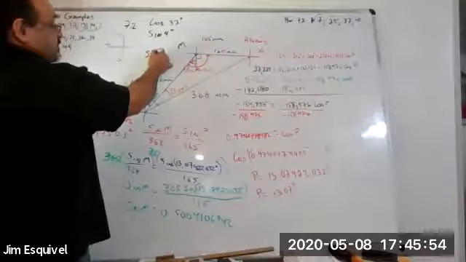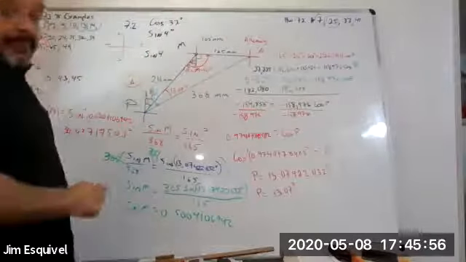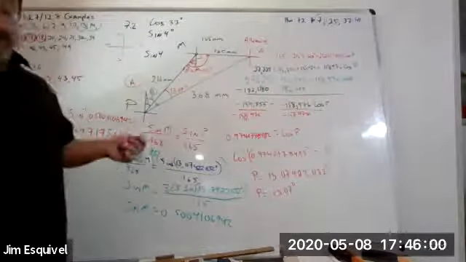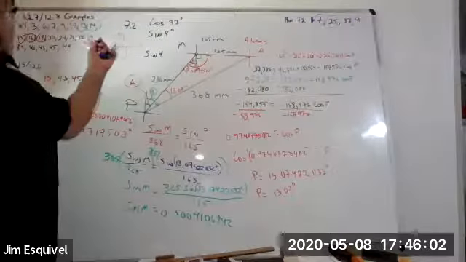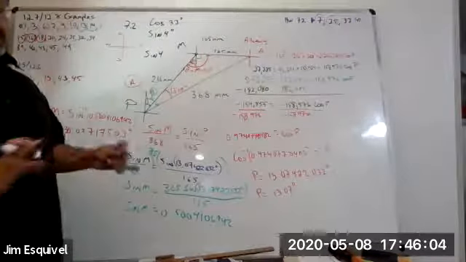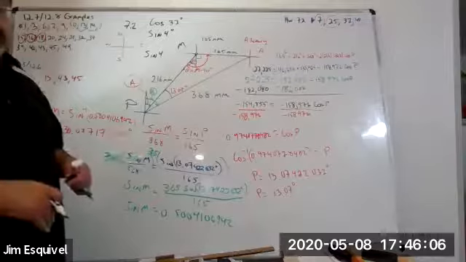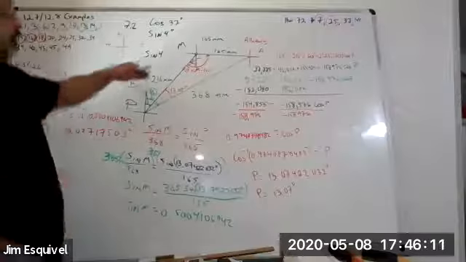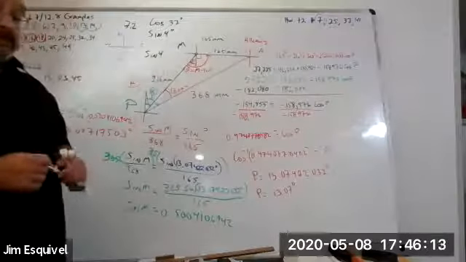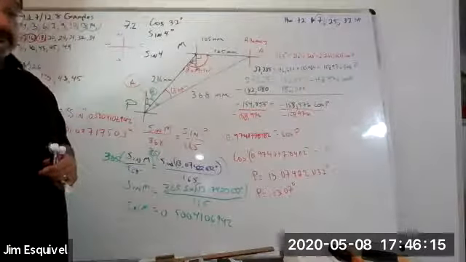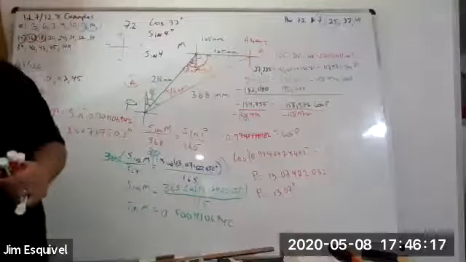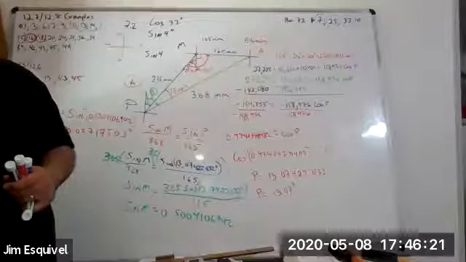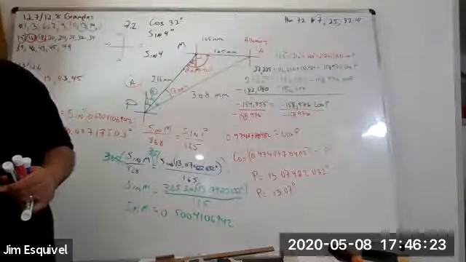But if it said, what is the sine of 4 with no unit on it, that's in radians. When there's no unit, that's a radian question. So remember, if there's no degree symbol, that's a radian you're taking the sine of. But whenever we measure triangles and solve triangles, angles are in degrees.